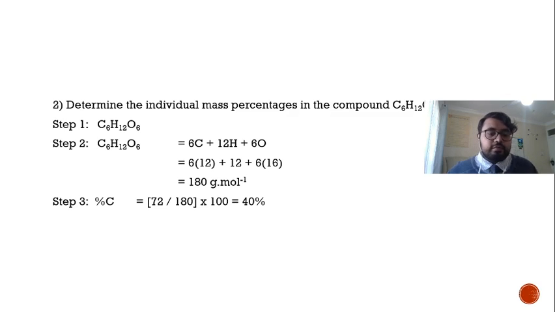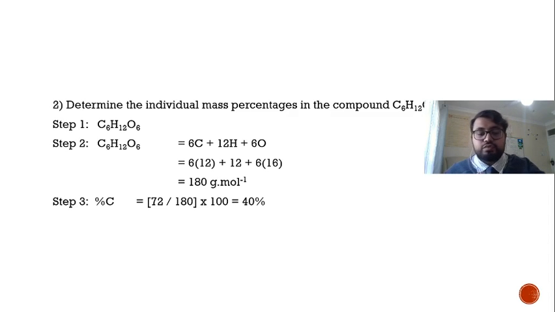And now we calculate our percentages. If we take the 72, which is 6 times 12 from carbon, the percentage of carbon is 72 over 180 times 100, which gives us 40%. So 40% of the glucose compound is carbon.